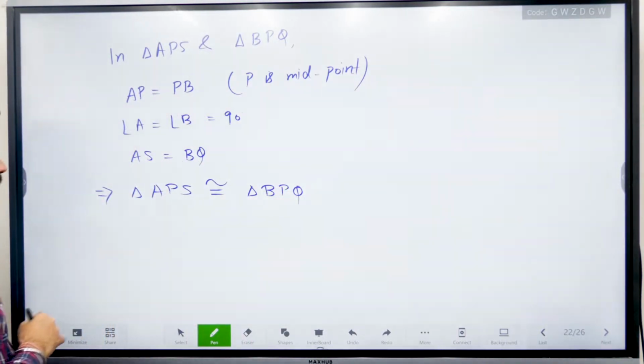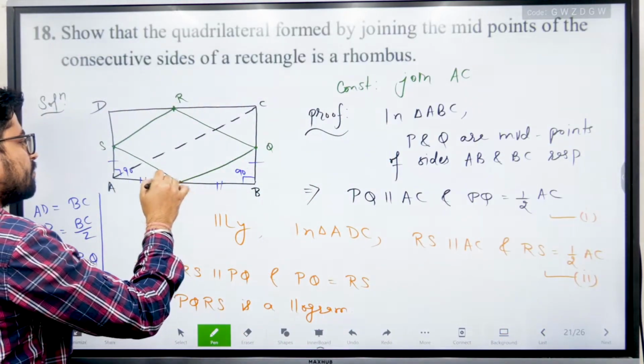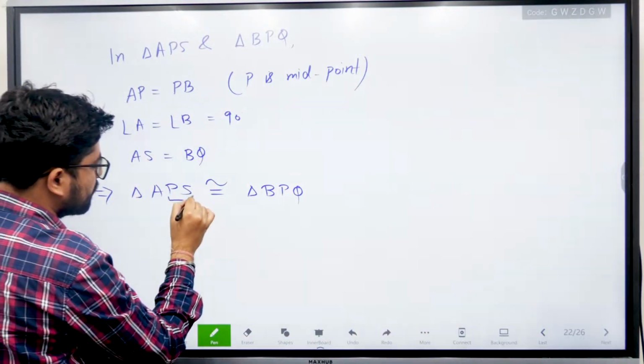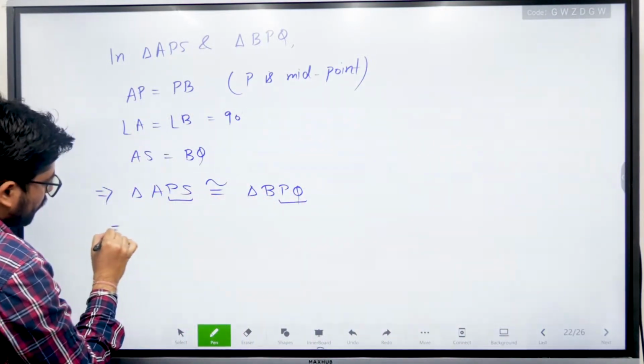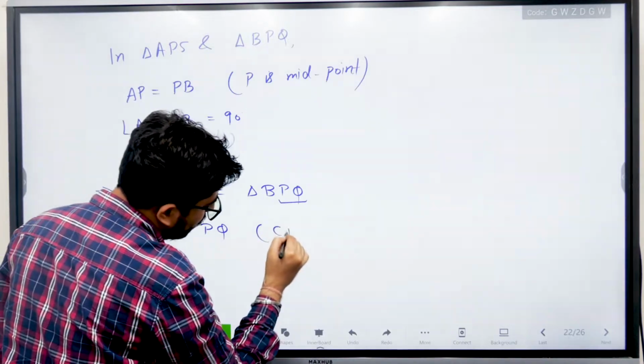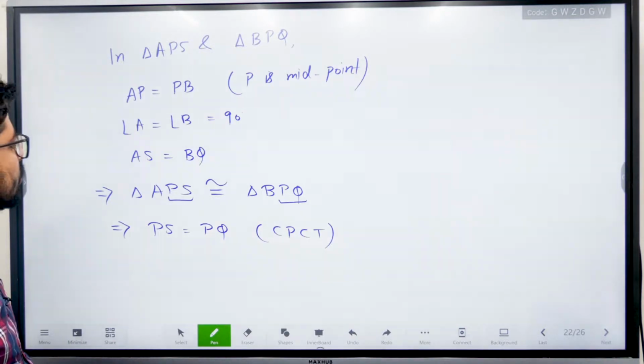So PS is equal to PQ, because of the CPCT property: corresponding parts of congruent triangles are equal.